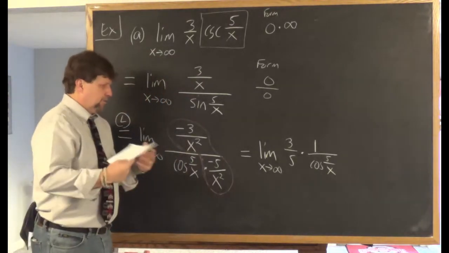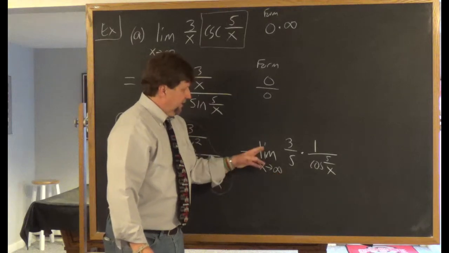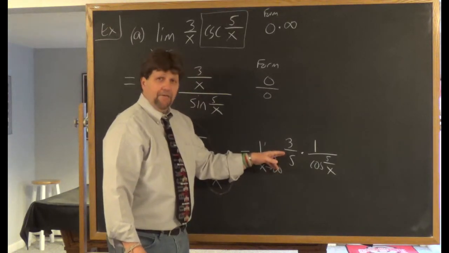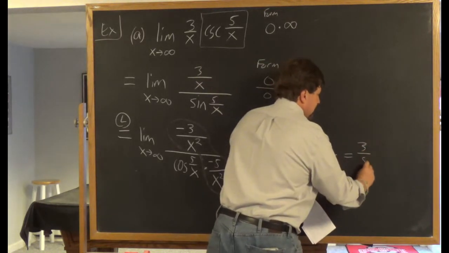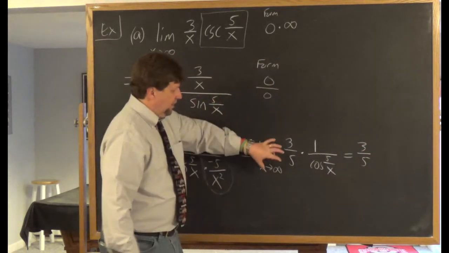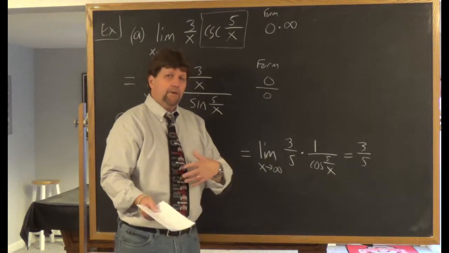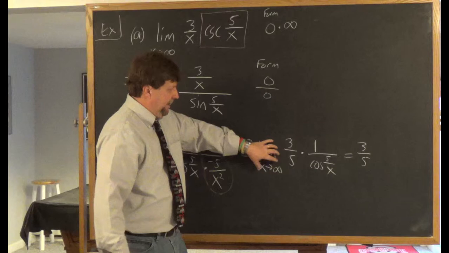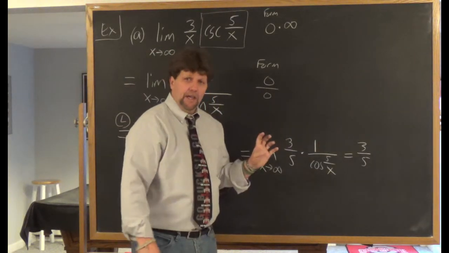And now as x gets really large, x heading to infinity, the limit as x goes to infinity of 3/5 is 3/5. Remember, the limit of a constant is that constant. So I'm talking about an old limit property. There was an old limit property that said a limit of a product is equal to the product of the limits.